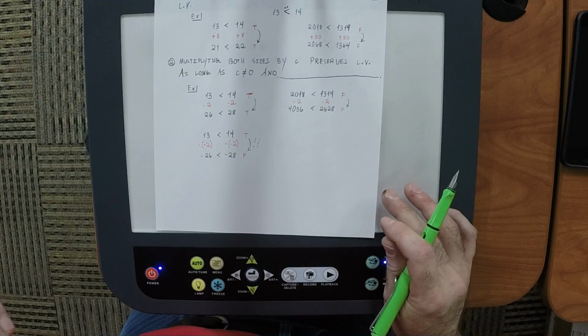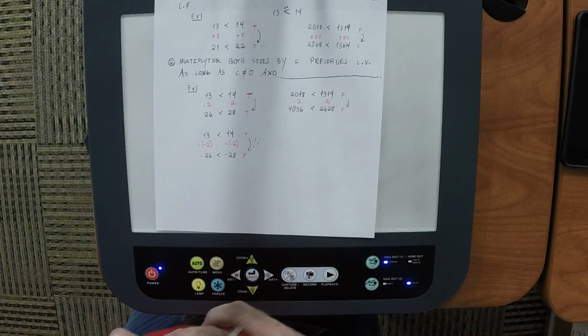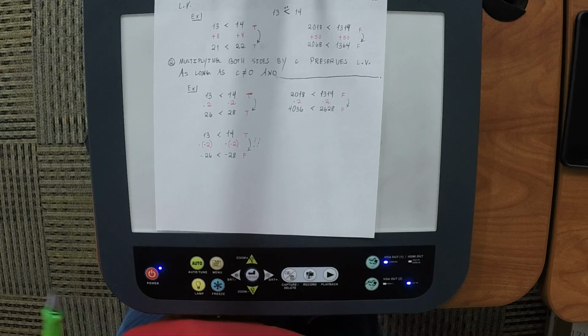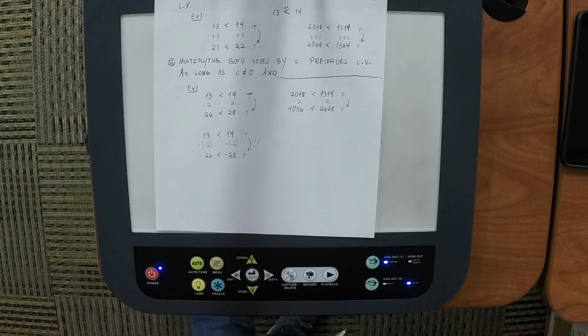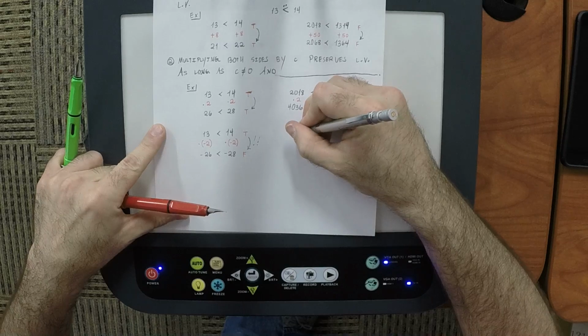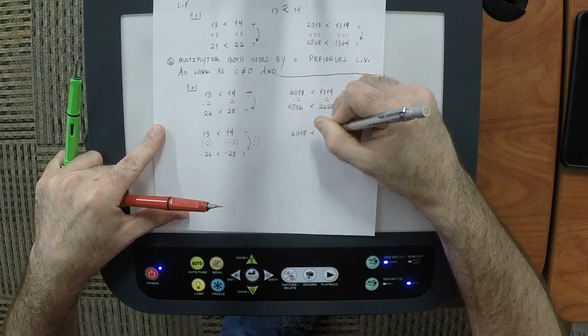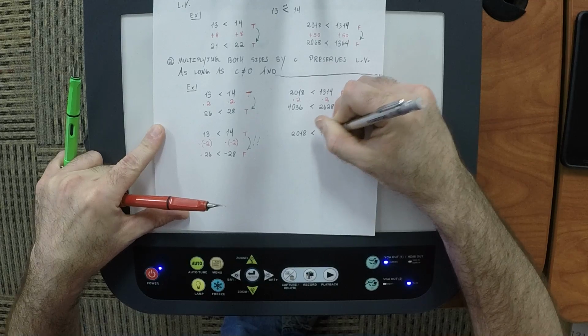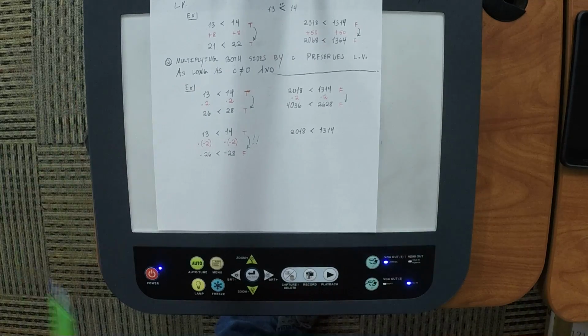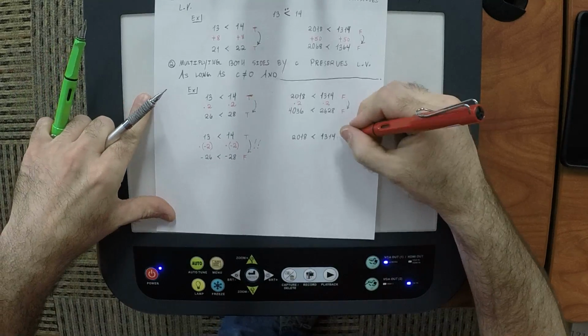Yes? So if you were to multiply by a negative number, would you just change... We'll do that in just a second. But yes. So if we took a false inequality like this one, 2018 less than 1314, that's an inequality whose logical value is false.